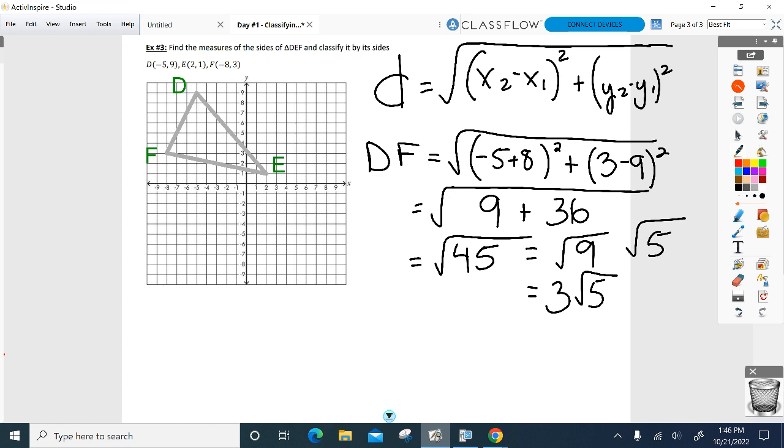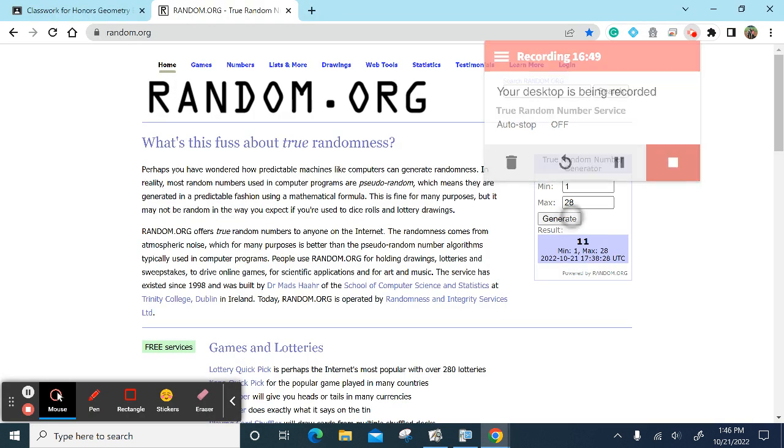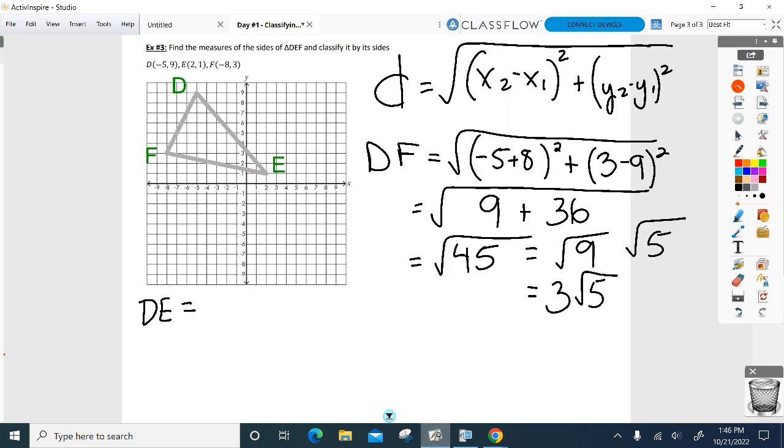Let's start with, let's see, we just did DF, so let's do DE. All right, what did DE come out to be? Let's hear from 25. DE. Radical 113.